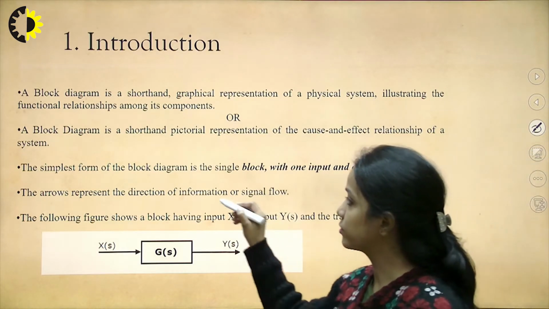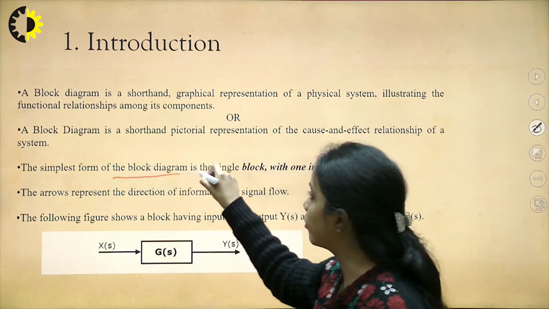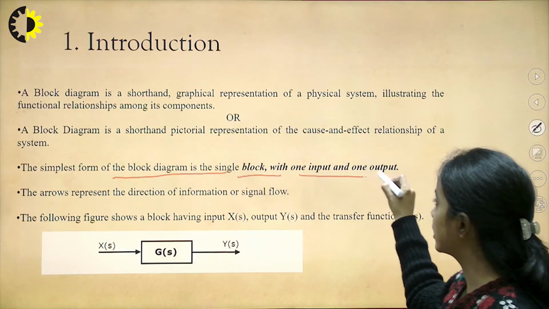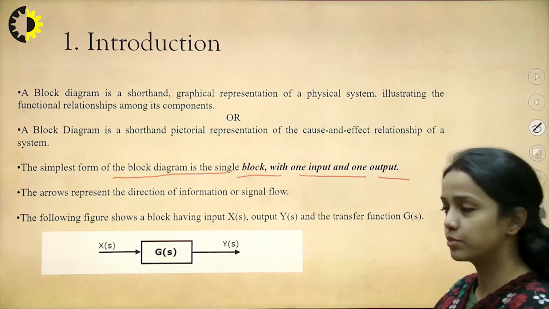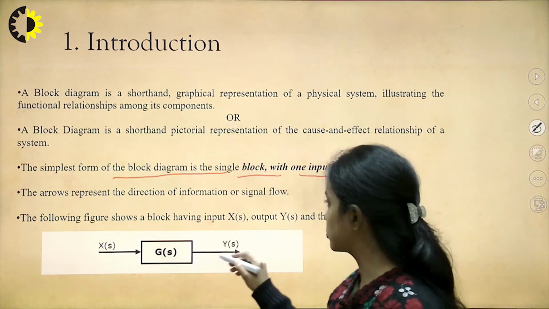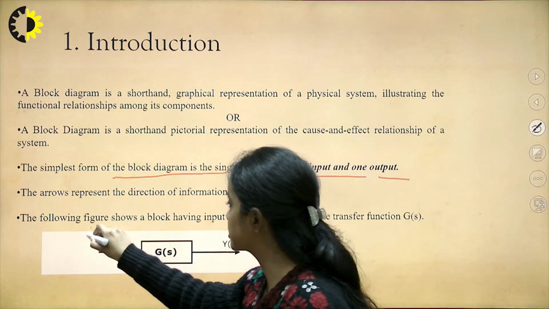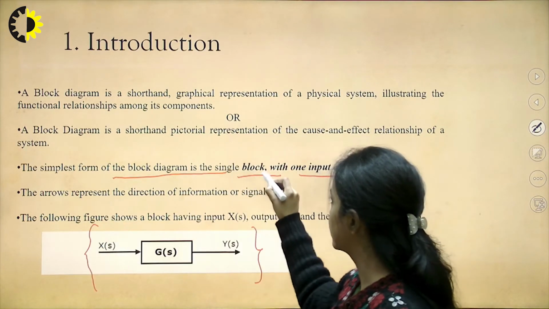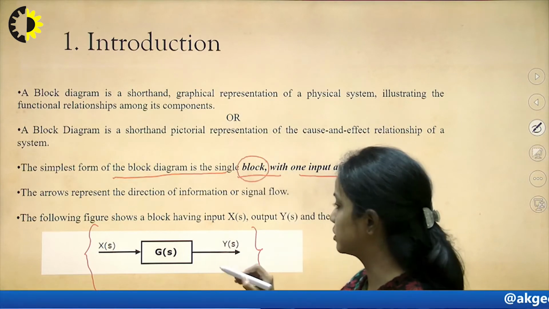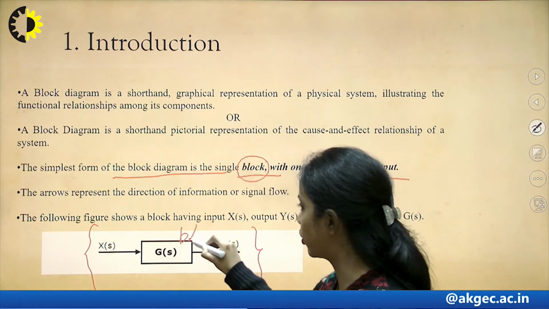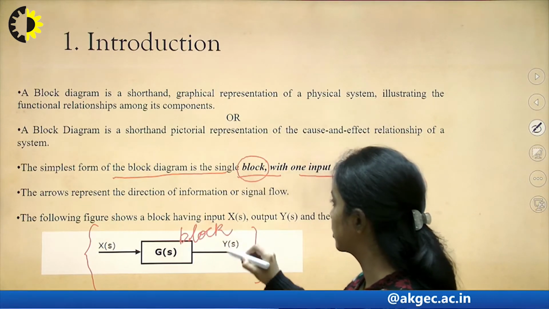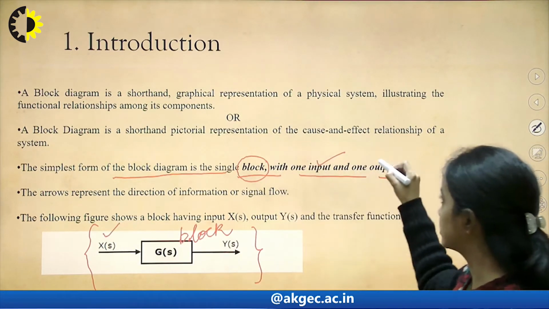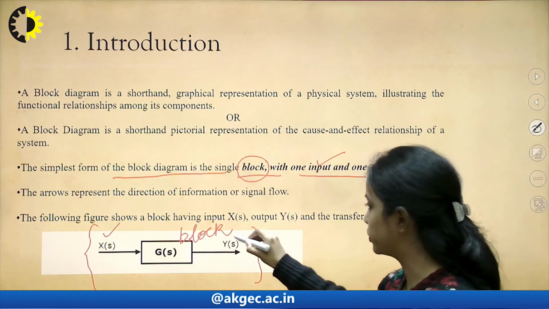Also, we see the simplest form of block diagram is a single block with one input and one output. So, this is the simplest diagram. This complete picture is a block diagram. So, here we can see a single block, plus one input, this one, and one output, that is this one.